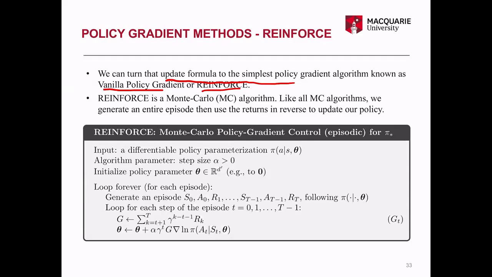The way it's done is that you go through an entire episode and use that policy to generate a trajectory. And it's not very clear here, but usually you go backward in reverse and calculate all the returns, and then use that return and the gradient of our log of probability to update our network. And that's it. That's the entire algorithm.